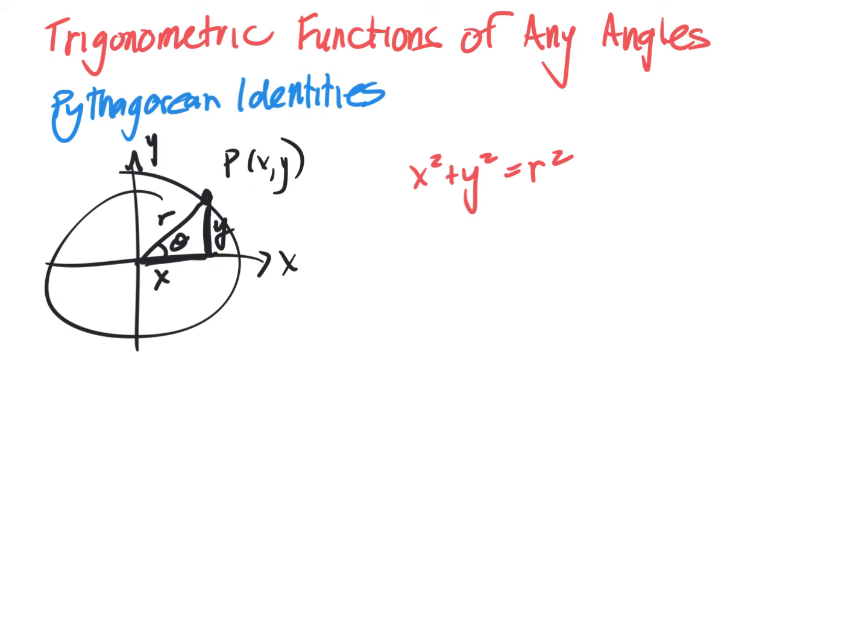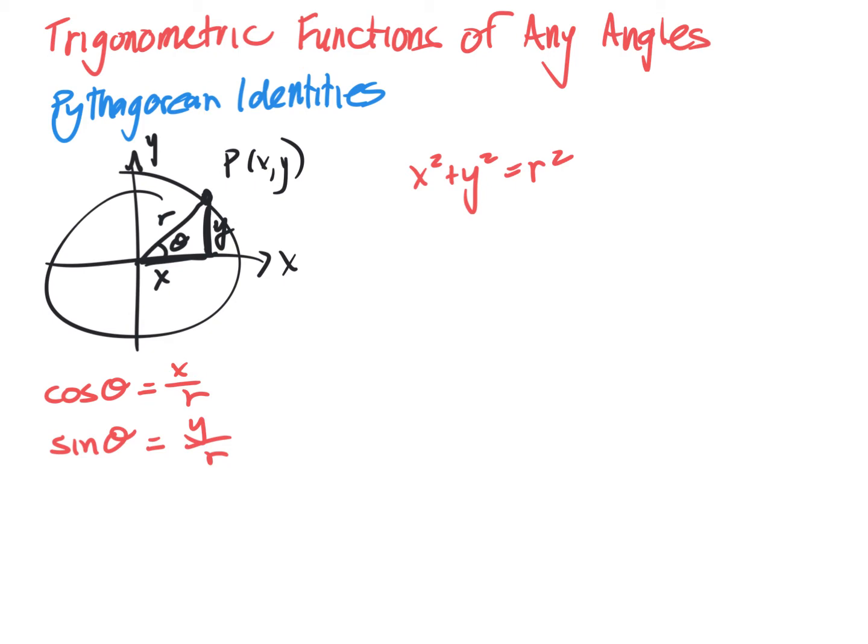But we also have, by definition of our trig functions, that cosine of theta is adjacent over hypotenuse, so x over r, and that sine of theta is equal to opposite over hypotenuse, y over r.